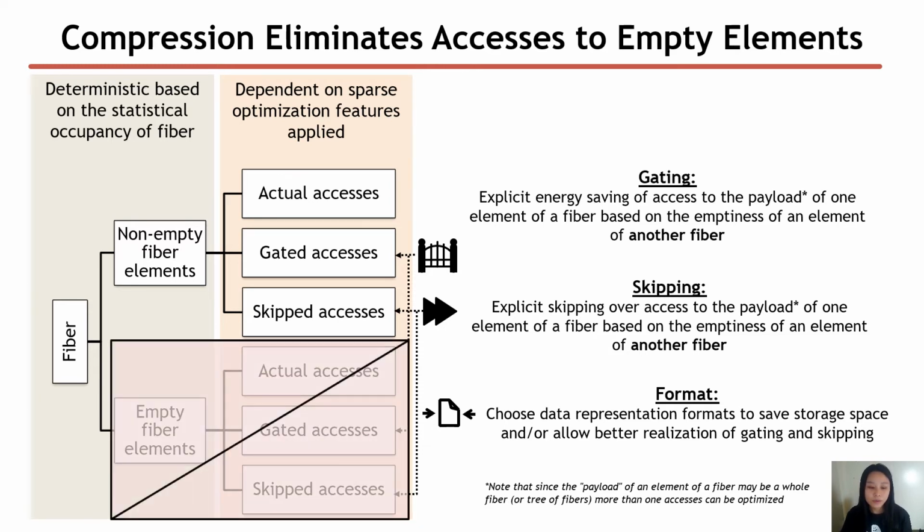And this will lead to the elimination of the empty fiber elements because you have now said that all of these elements are empty. I have already let you know that these elements are empty, so you don't need to access them. So all of the associated accesses to the empty fiber elements will be eliminated.